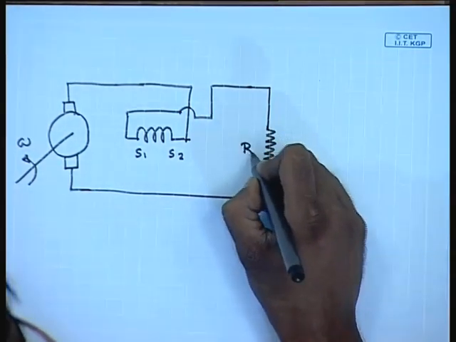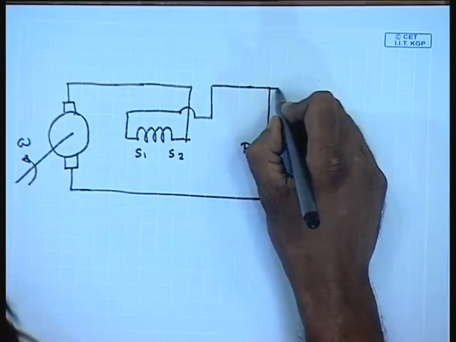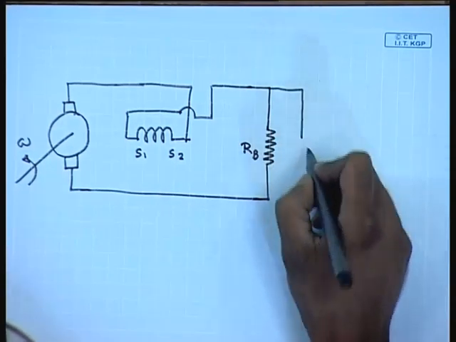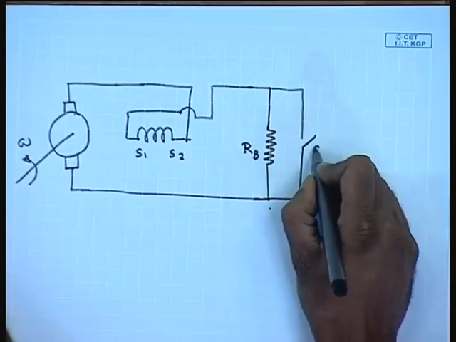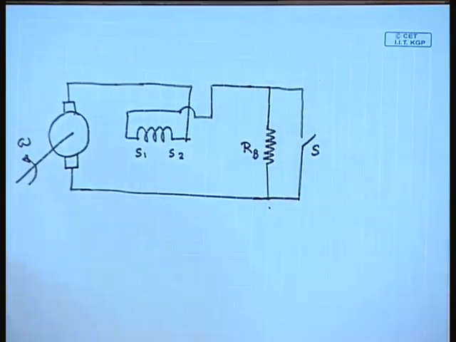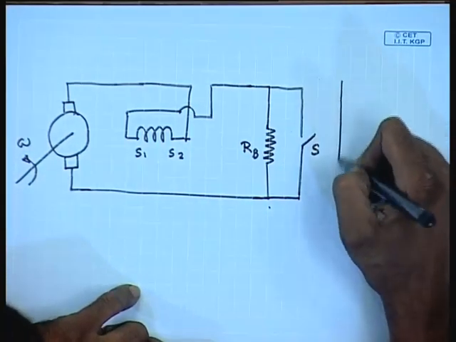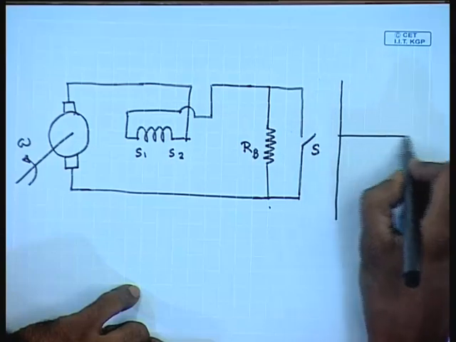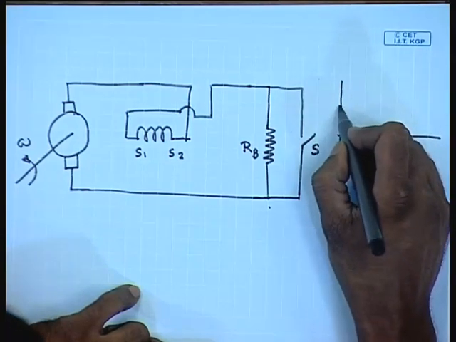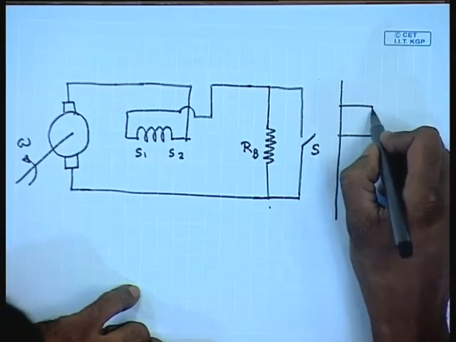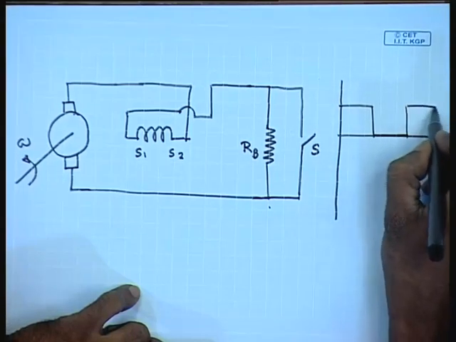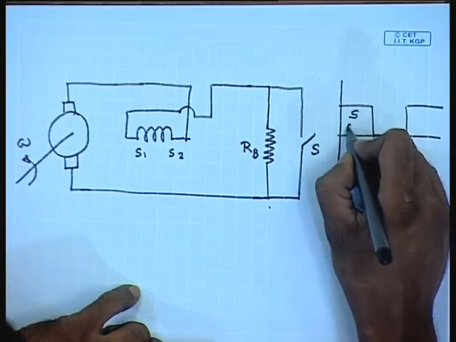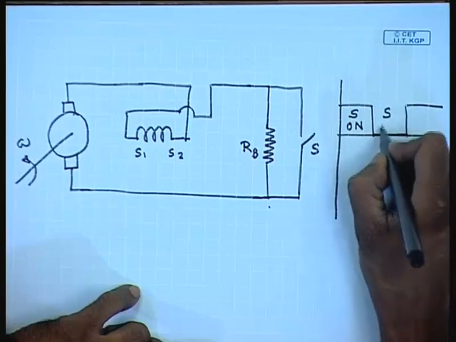Let us say this is the normal dynamic braking resistor, and in order to vary it, we connect a controllable switch S across it, where the S is turned on and turned off at a constant or variable duty cycle at a constant frequency. This is the S on, S off.